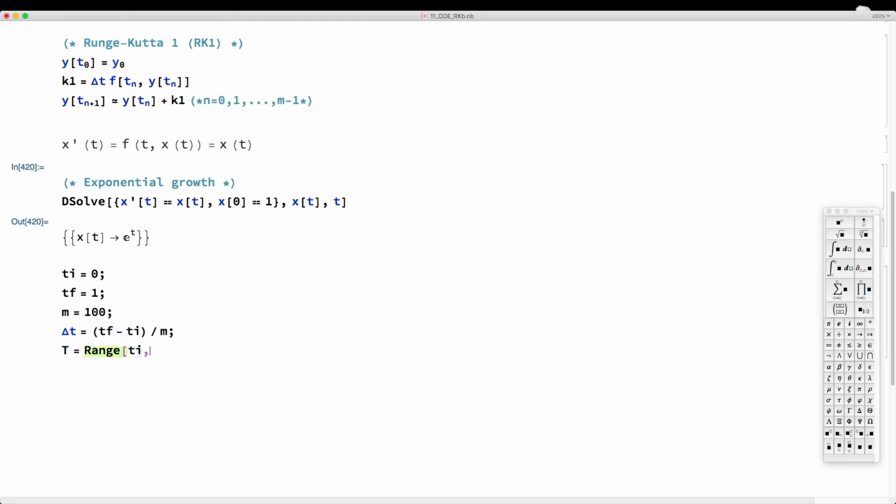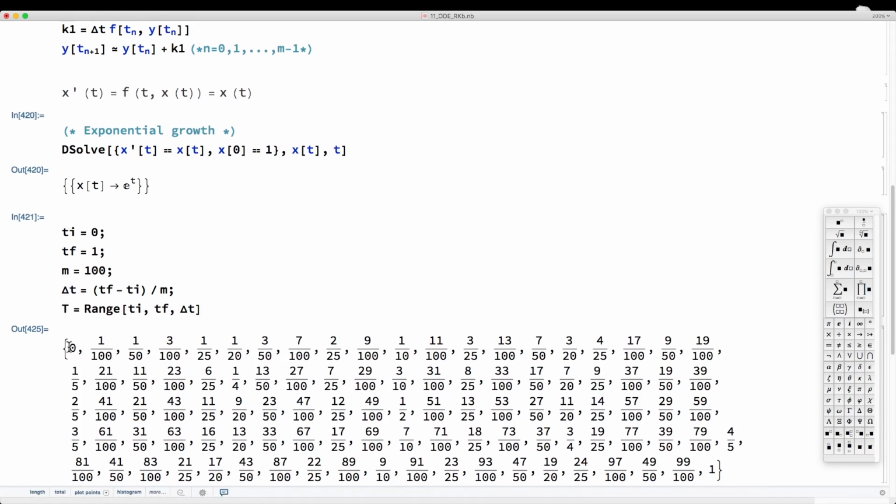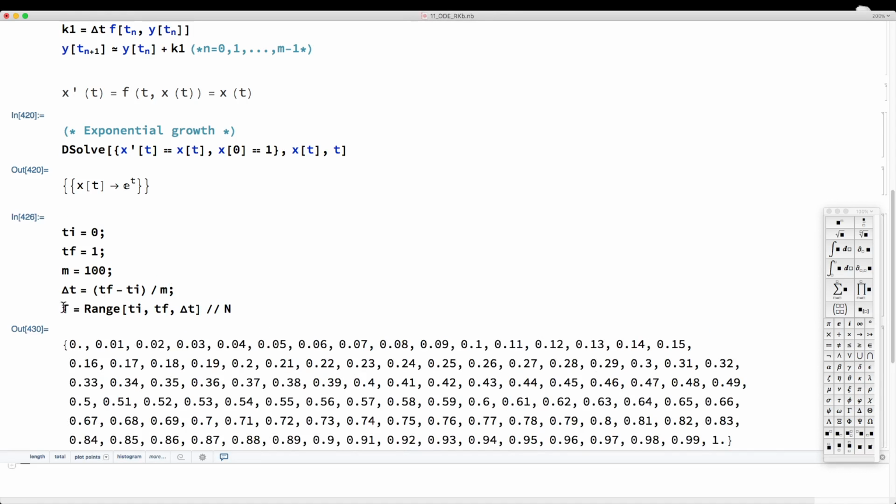So we go from ti to tf in steps of delta t, and let's try that, and indeed we see that we get a vector of the time moments that are 0, 1 over 100, 2 over 100 and so on. They are in steps of 1 over 100 and they go from 0 to 1 as expected. And to convert this to a number for efficiency, we prefer floating point numbers. We can use /n, and now our time moments are floating point numbers.